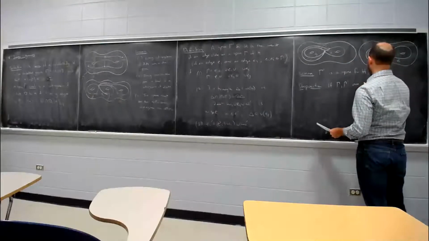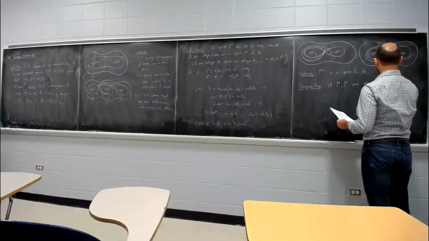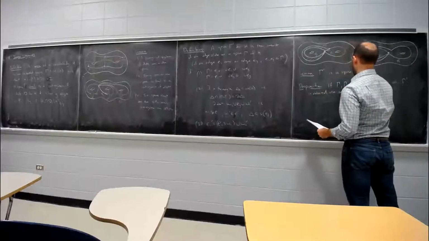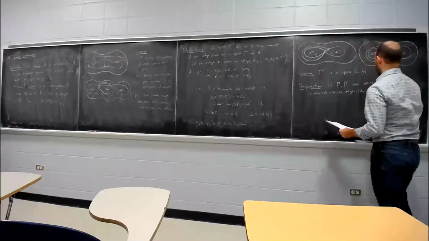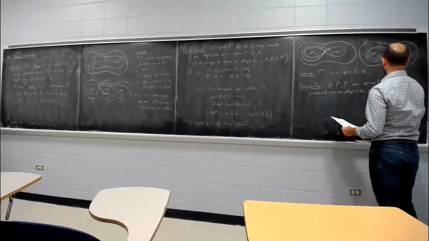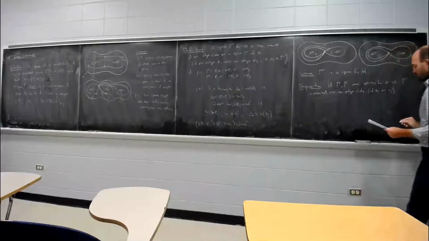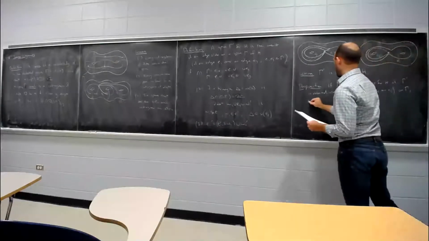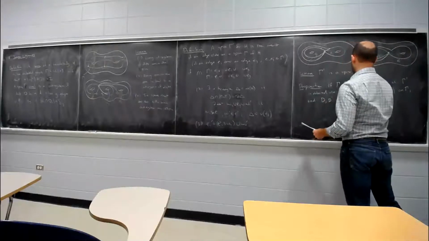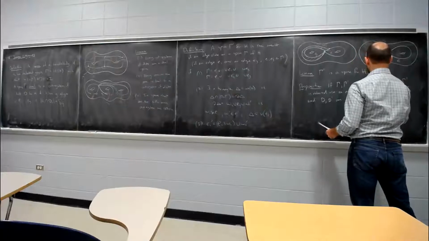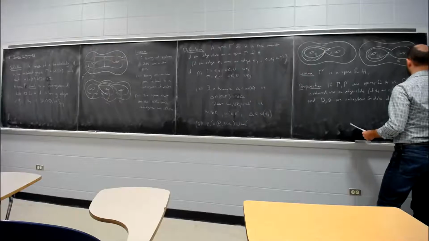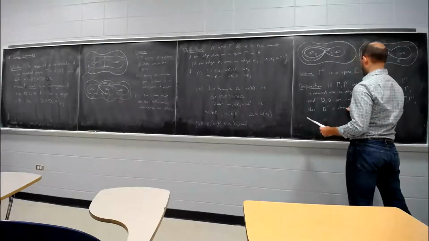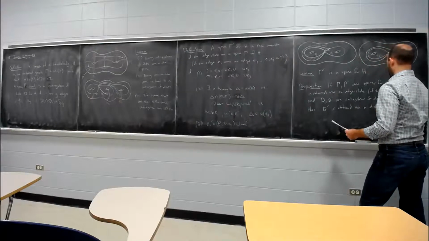So if gamma and gamma prime are spines for H such that gamma prime is obtained via an edge slide, let's say of E sub I over E sub J, just like we've been talking about on gamma, and D and D prime are cut systems of disks dual to gamma and gamma prime, then D prime is obtained via a disk slide, or maybe I call this a handle slide.